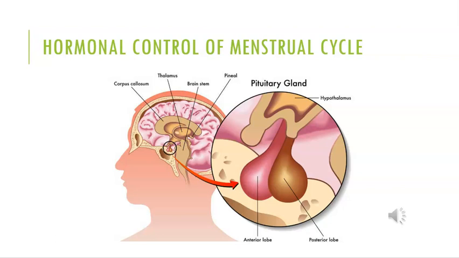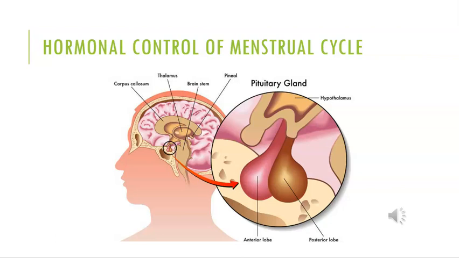Now we're going to say ovulation has occurred, and after that egg is released, progesterone is going to take over, and progesterone levels are going to rise for about the next 2 weeks. When that happens, they are preparing the uterine lining for implantation of an embryo. The endometrium is going to have a lot more blood flow to it and become very vascularized.